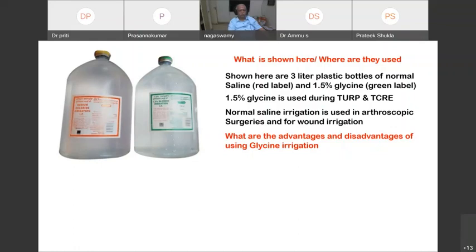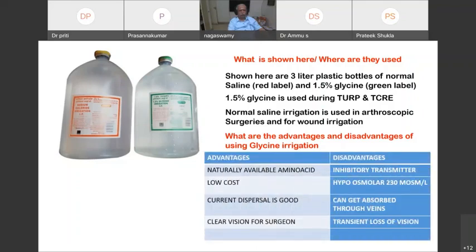What does glycine absorption do to the body, apart from the common complication? Glycine will be metabolized as urea and ammonia. Does glycine not have any action on the nervous system? It's a major inhibitory neurotransmitter. Yes, sir.